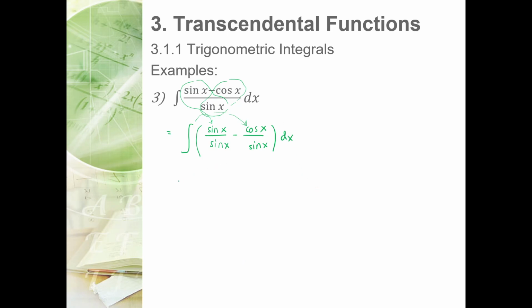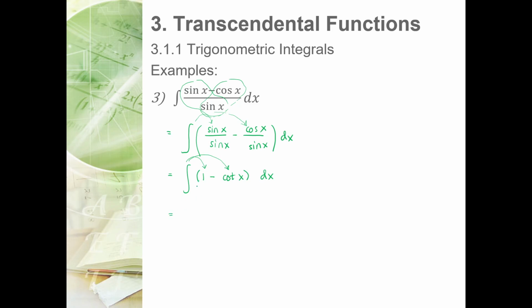All right, so simplifying even further, sine over sine is just 1. Then cosine over sine is cotangent x dx. So again, by implication I need to integrate the two terms inside the parenthesis.